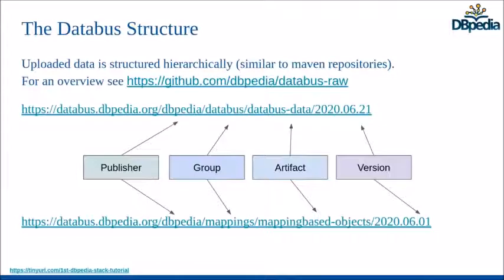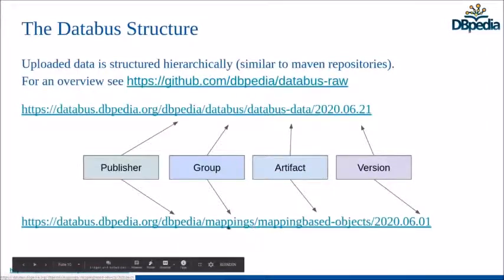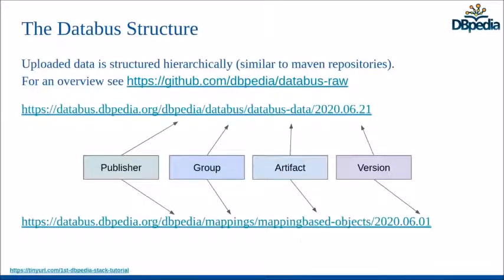For example, in the URI below, you have the publisher DBpedia, the group mappings, and then the artifact mapping-based objects. In that mappings group, there are more artifacts like mapping-based literals and so on, that all belong to this whole topic of mapping-based extracted data.